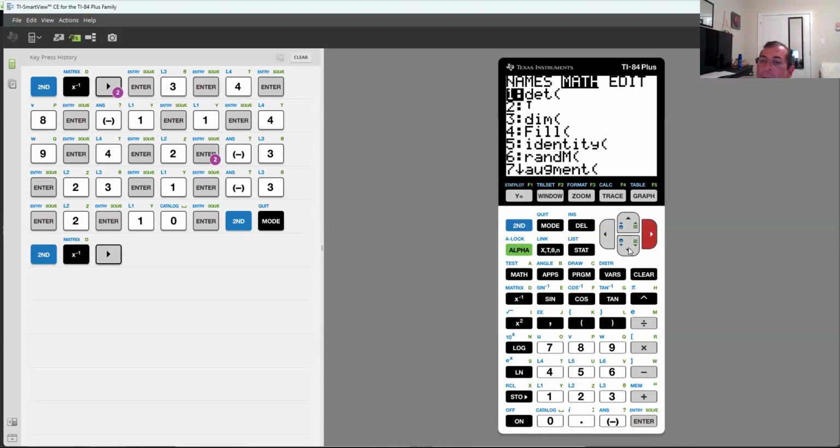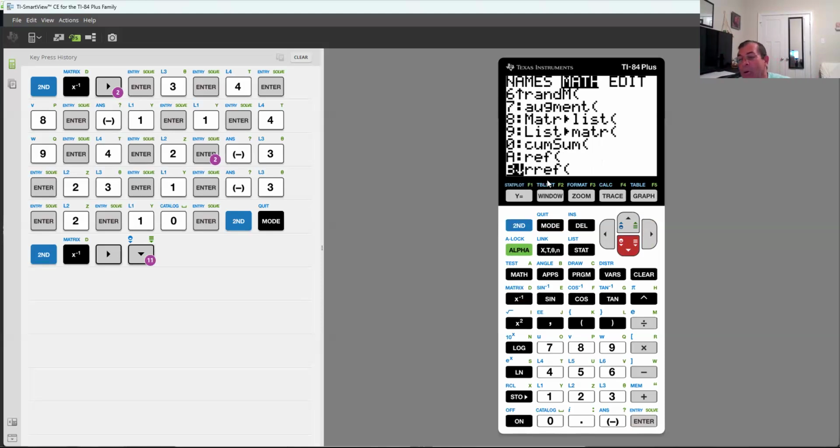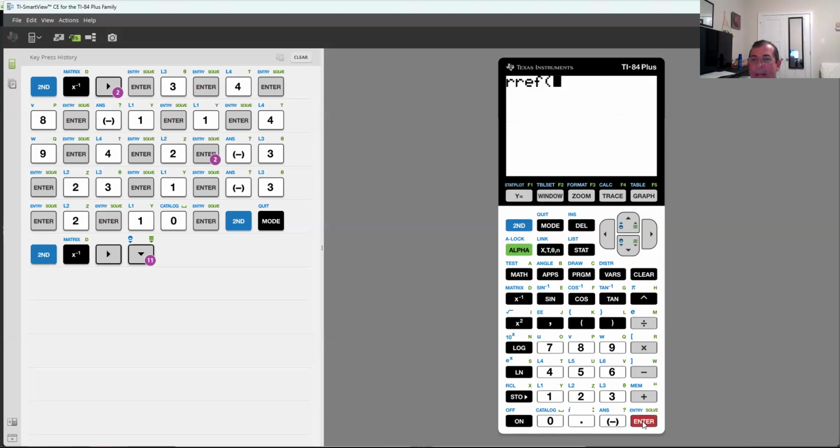And then at math, we're going to arrow down and get that RREF. It's B on mine every time. I'm not sure if y'all's are B or not. If you got more stuff, it might be. And I think the phone apps are just like this one. So, all right, RREF is highlighted. Hit enter. That brought it on the screen.